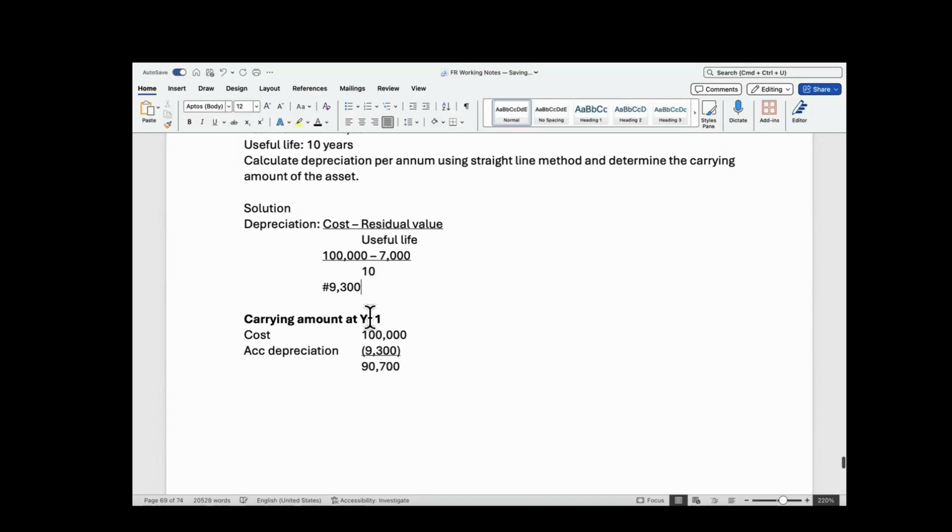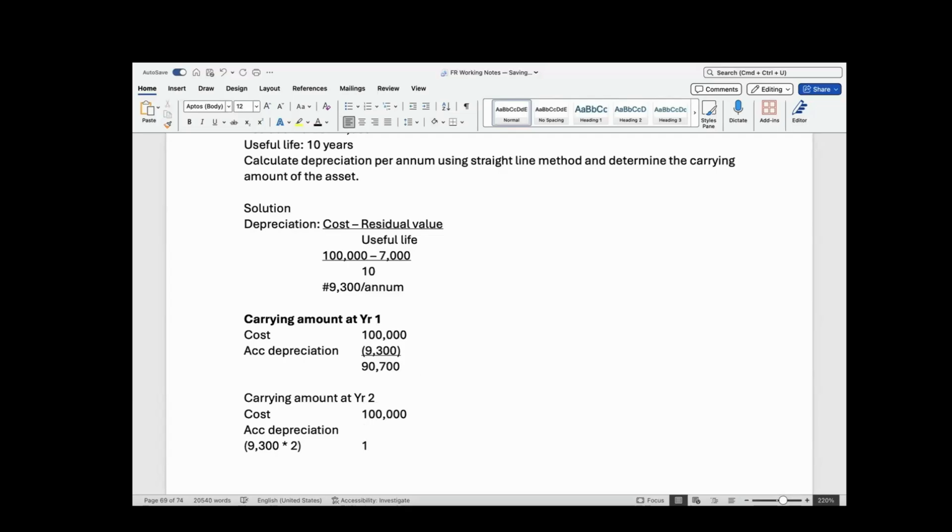Now, since this is my depreciation per annum, that means every year my depreciation is already calculated. What would then be my carrying amount at year two? The same thing. It's also cost, which is 100,000, minus accumulated depreciation. My accumulated depreciation is now the depreciation of 2 years, which is 9,300 times 2.